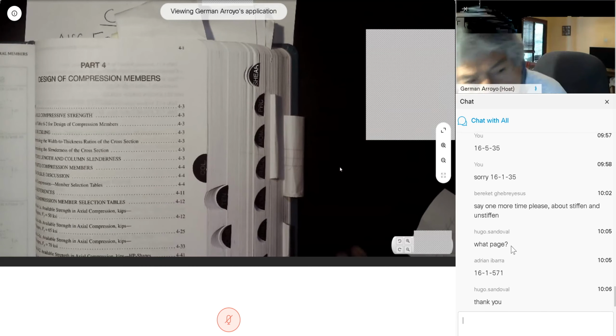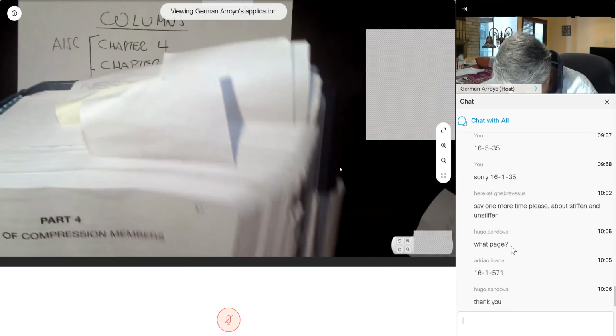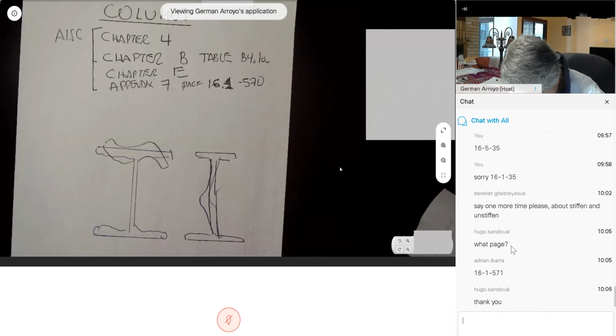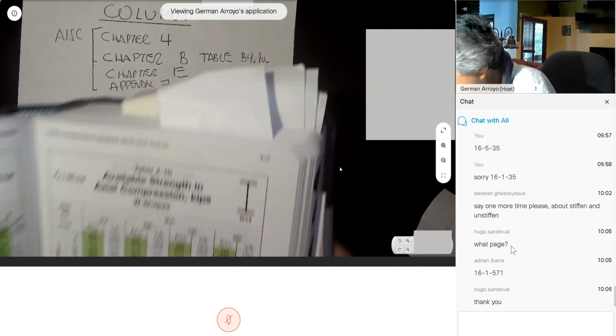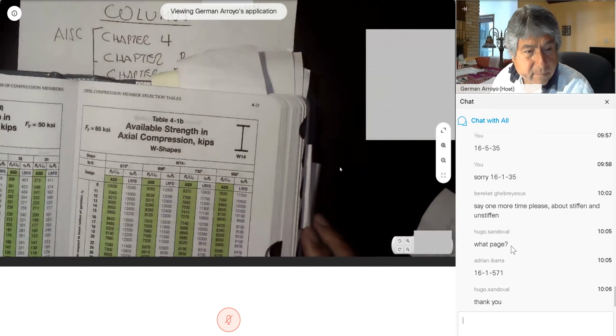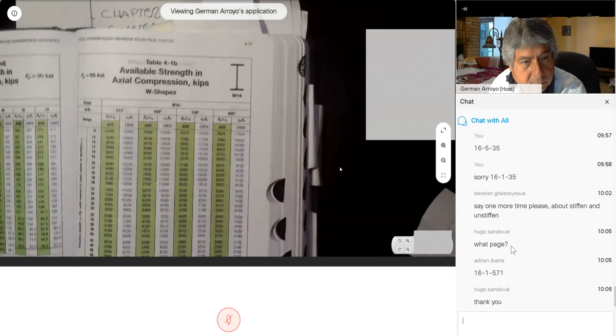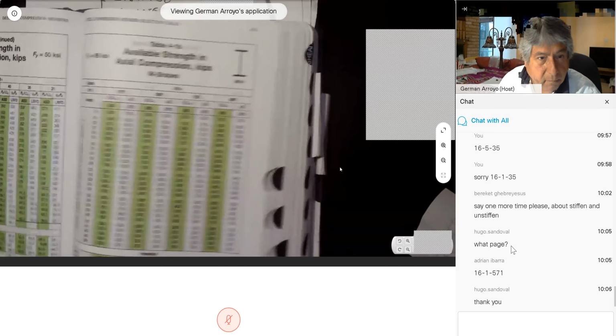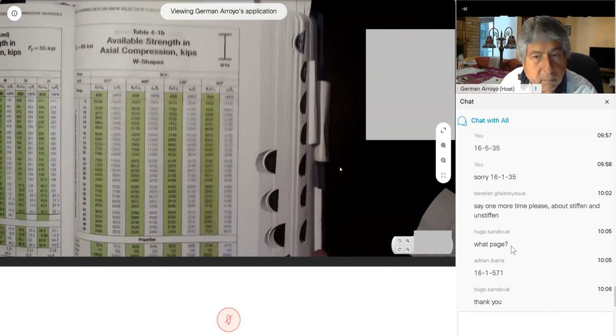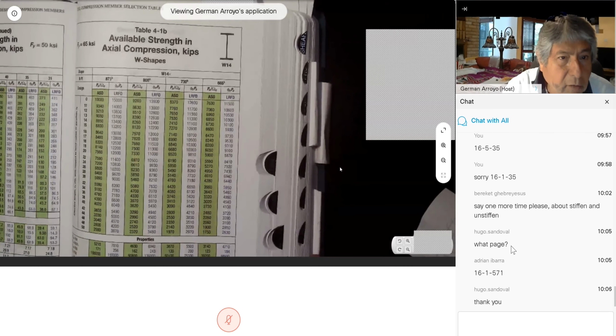I'm going to show you different values. Go to page, for instance, 4-25. All of this table, go to chapter 4, page 25.